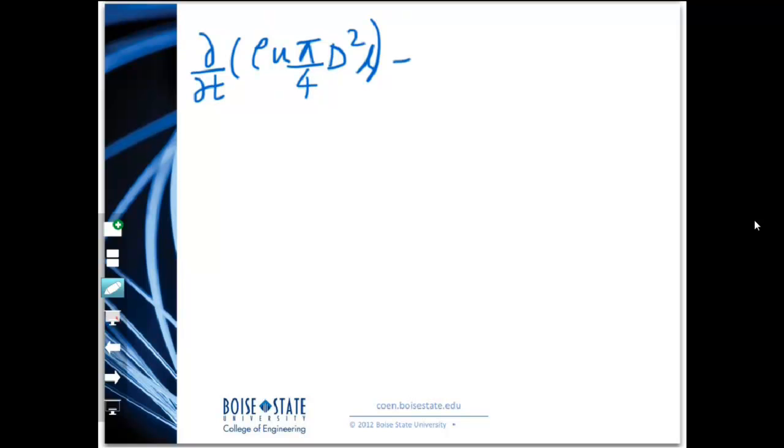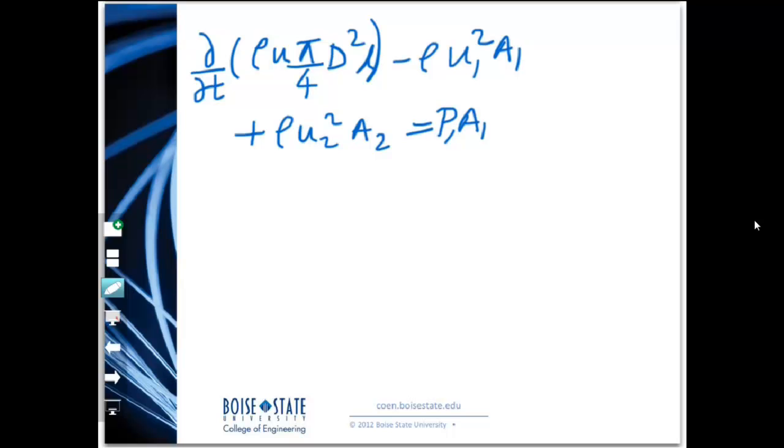And minus, at section 1 you can write the conservation of the linear momentum would be a negative quantity, and you know why that is, since the normal is outside, it's going in the opposite direction compared to the velocity at section 1, plus ρ u2² A2 will be equal to the force P1 times A1 minus P2 times A2.